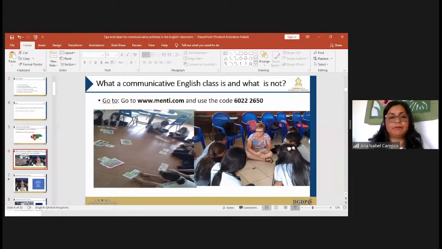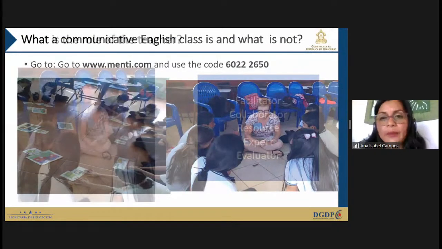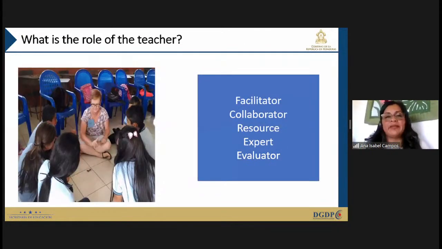All right, so first of all, let's think about us as teachers. What is the role of the teacher in order to create those conditions so that the environment is relaxed, meaningful, and fun?